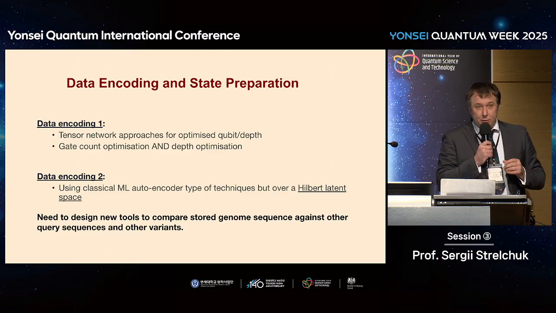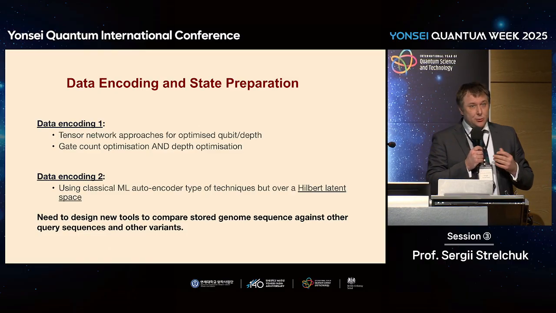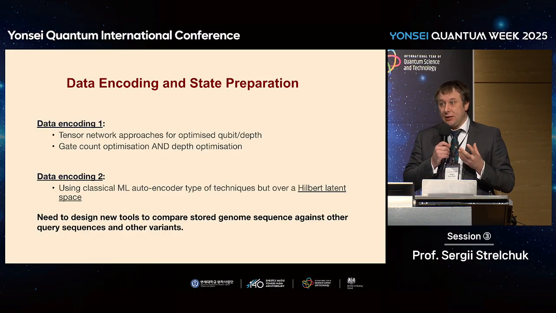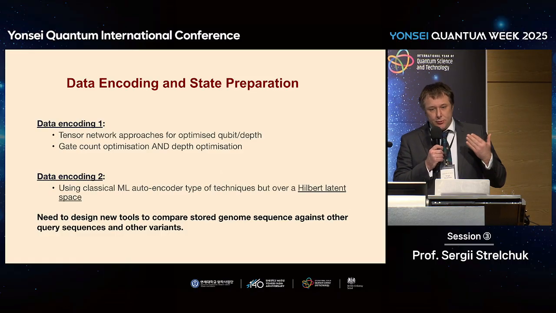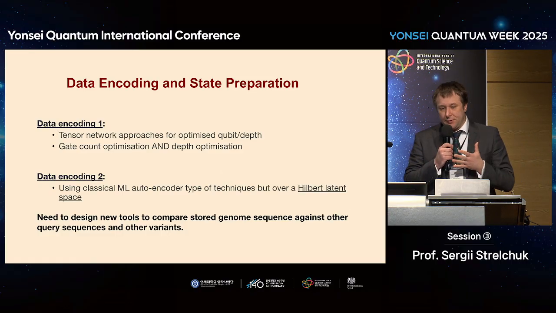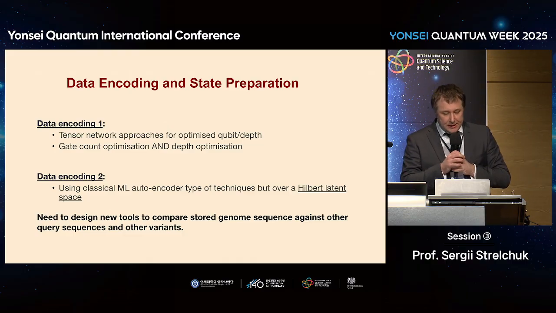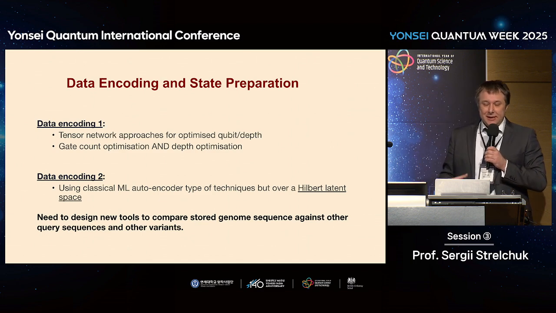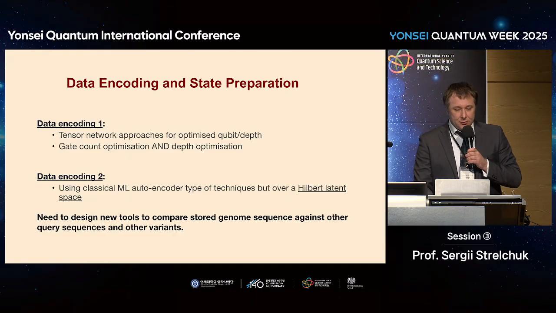Another one, which curiously has been mentioned in one or two previous talks, has to do with machine learning approaches that allow us to extract the essential biological data, and then use that in some sophisticated mapping from this feature set to a set of quantum states. So in genomics, we have some extra information that we can use when we encode data. We are not just faced with a bunch of random strings which we are forced to encode.